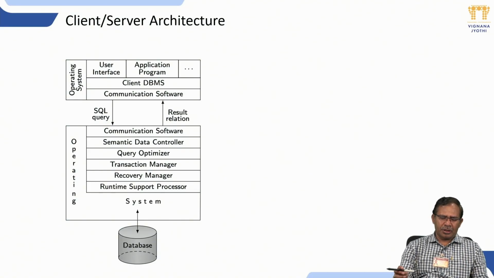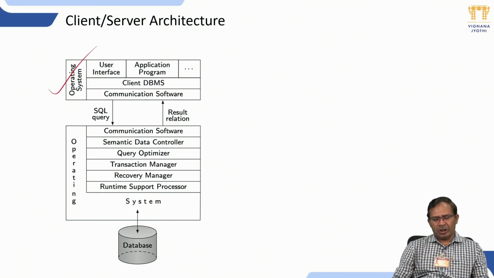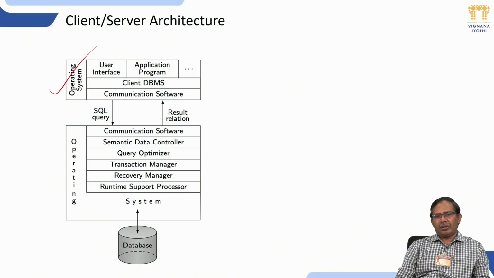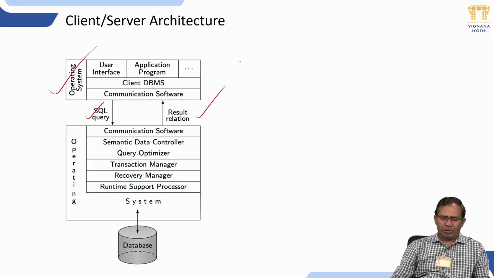In this illustration, we see the top layer, an operating system equipped with the user interface, application programs, client DBMS, and communication software. This environment allows the user to prepare the query and submit it through SQL query submission, and finally get the response through the channel called result relation.